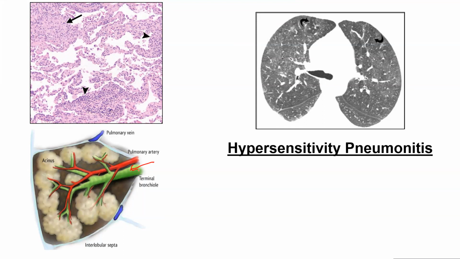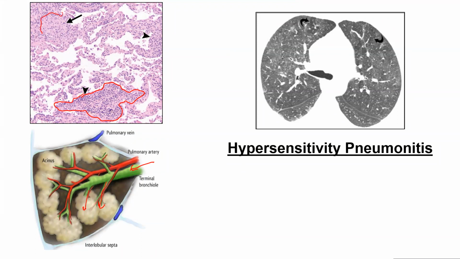When they go into the lungs, they go into the acini, and they cause a mixed type 3 and type 4 hypersensitivity response. With type 3, they have the antigen, then antibody deposition, complement activation, neutrophilic extravasation, and lymphocytic extravasation here. That's what you're seeing right here, this infiltration of inflammatory cells. But they also have a bit of a mixed type 4 response as well.